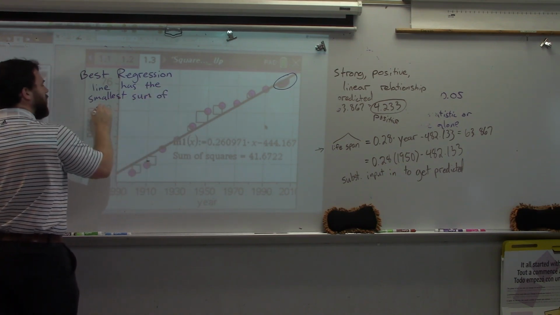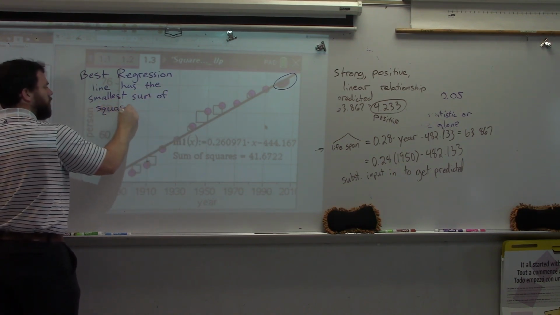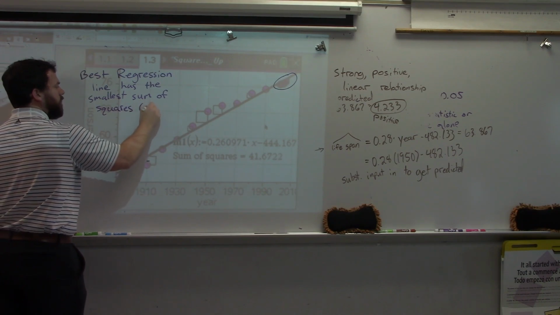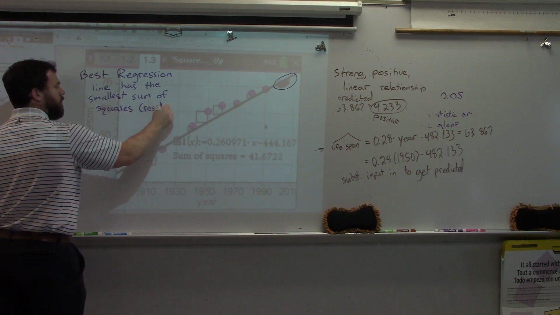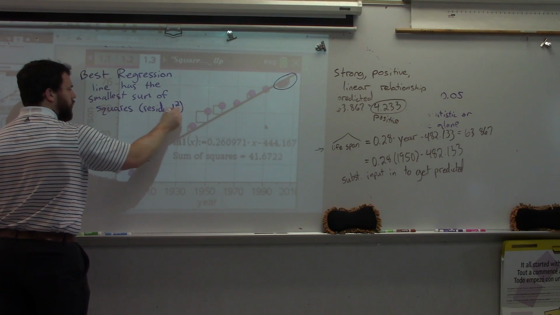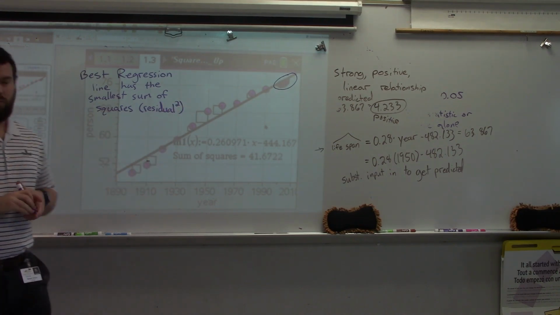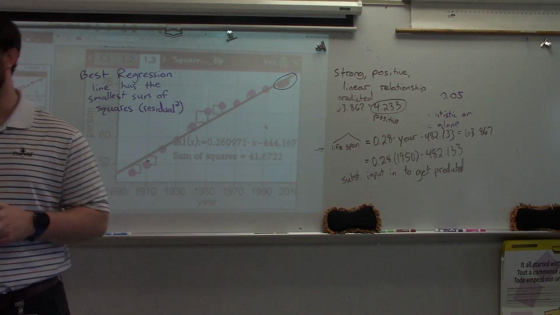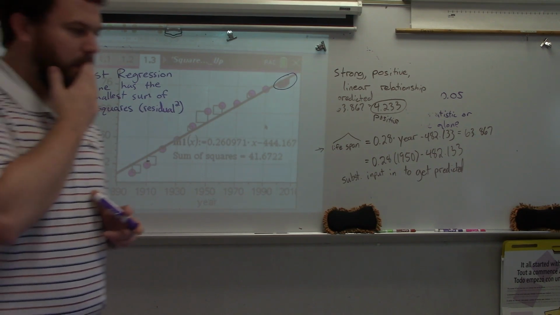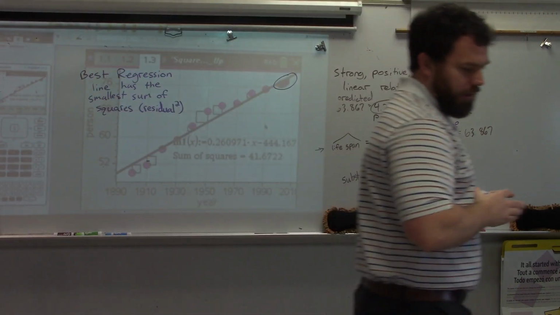And where are those squares coming from? The distance from the actual, so what is that called? The residual. The residual squared, right? The individual squares are coming from the residual squared.